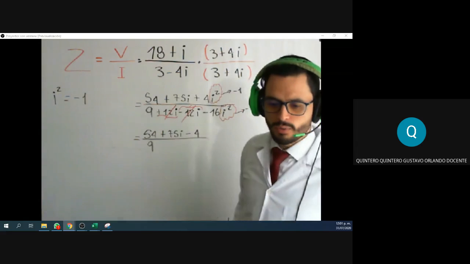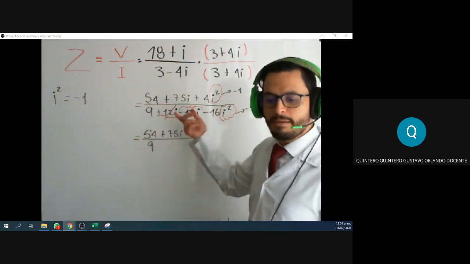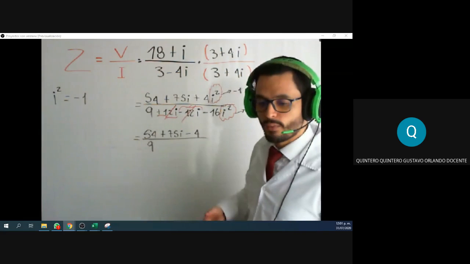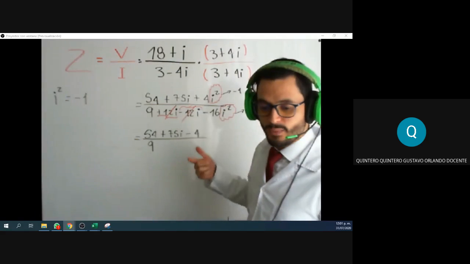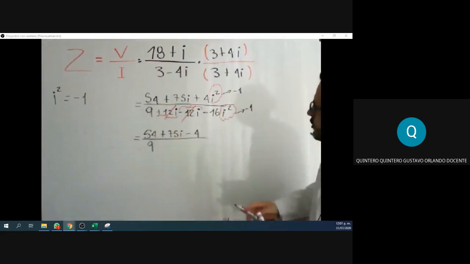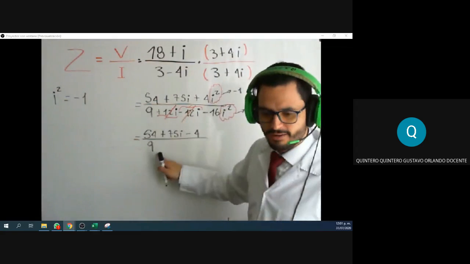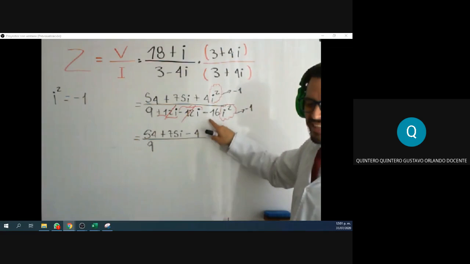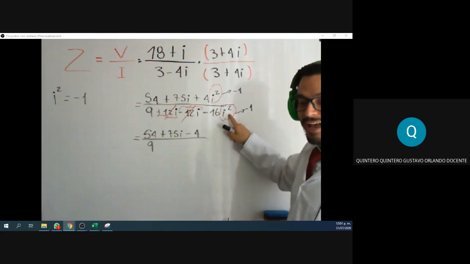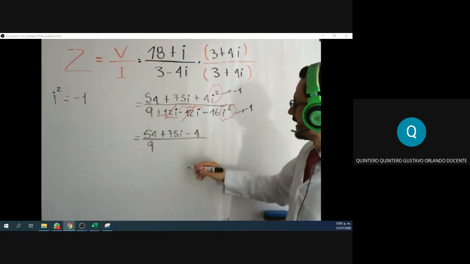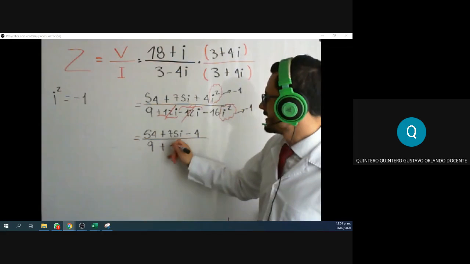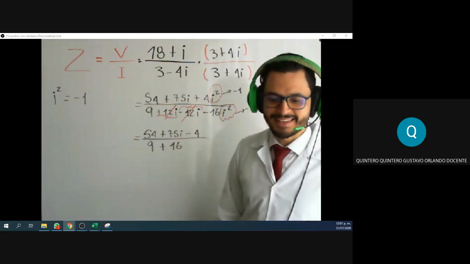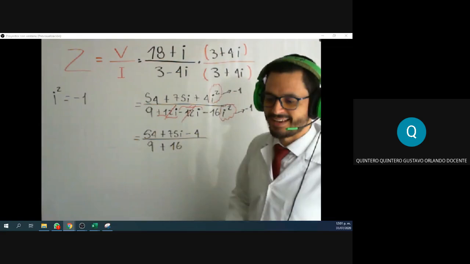Those are zero. In other words, we don't have to write anything in here. We just write down the rest. Here we have negative 16 times negative 1. So negative and negative is positive, so plus 16. Look at that, guys.